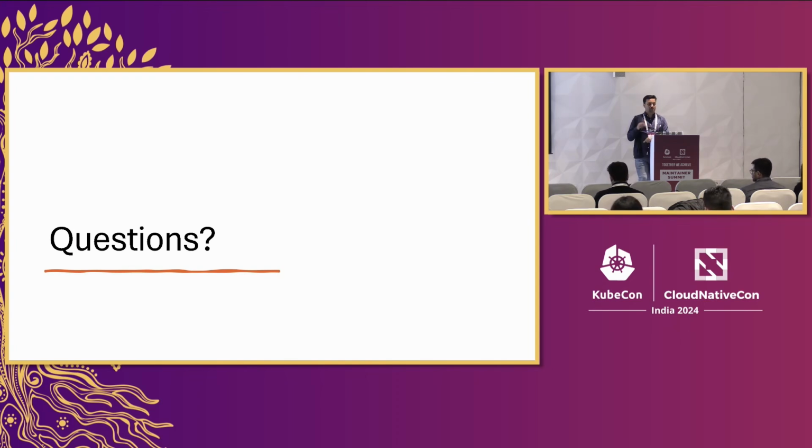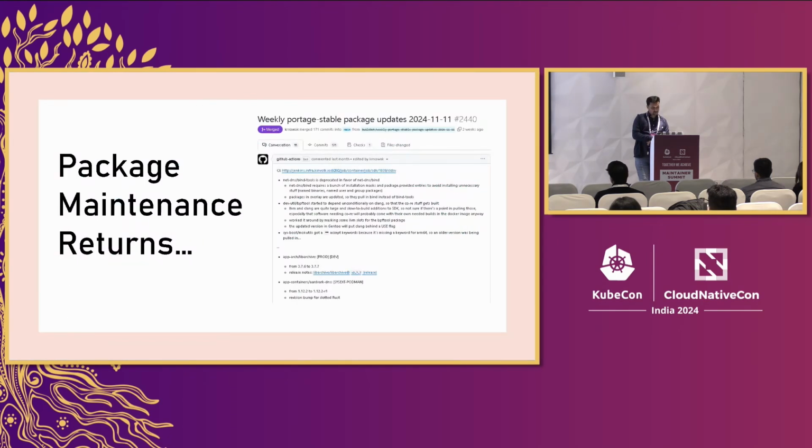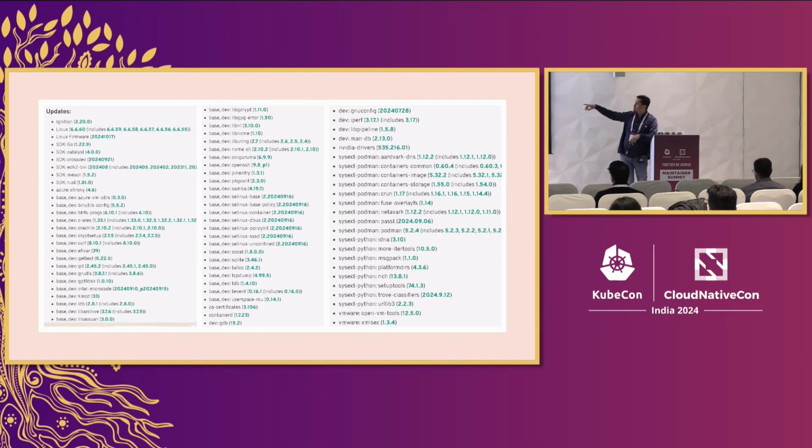The next one is security, which mentions all the packages which have CVEs and are updated in this particular release. And the third thing is updates, where we list all the packages. I'll show you. If you see the packages, these are hyperlinks, and they are actually linked to the change logs of that particular package.